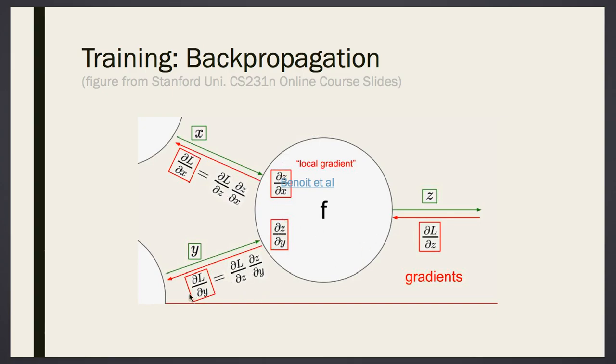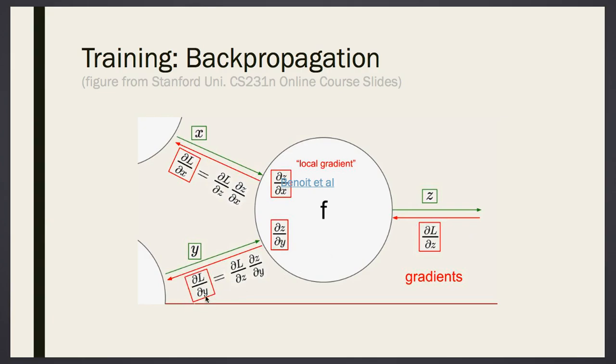So this derivative continues because this times this is, as written here, the derivative of the loss with respect to z, the output of this layer, times the derivative of z with respect to the parameter y. So if you multiply them, these will cancel themselves. So you got the derivative of this thing.